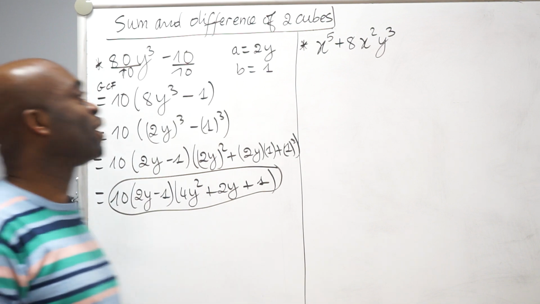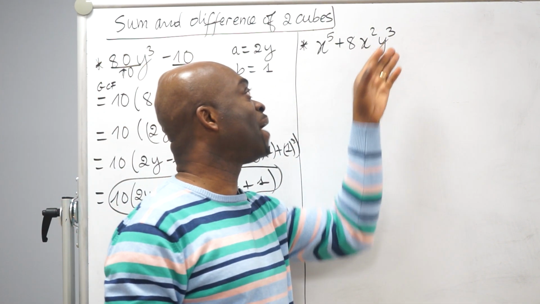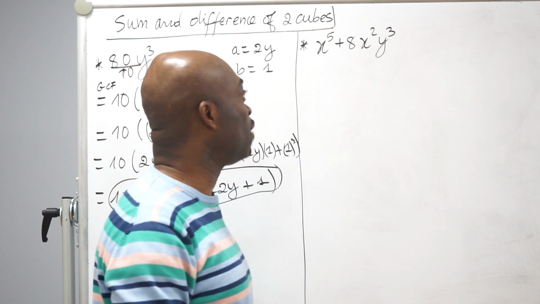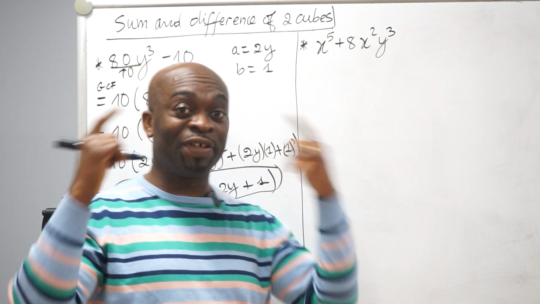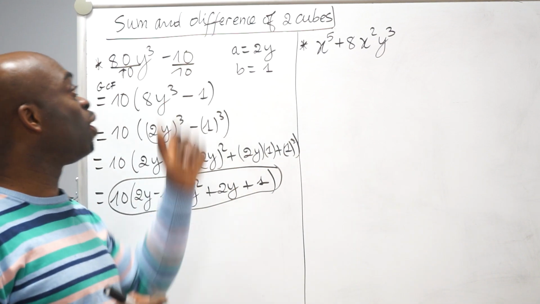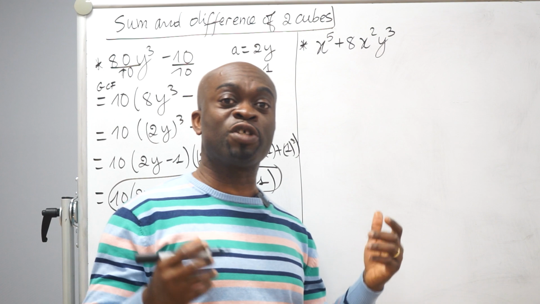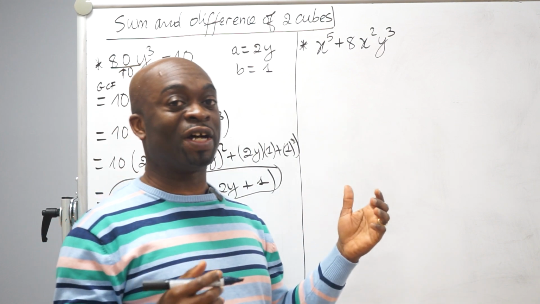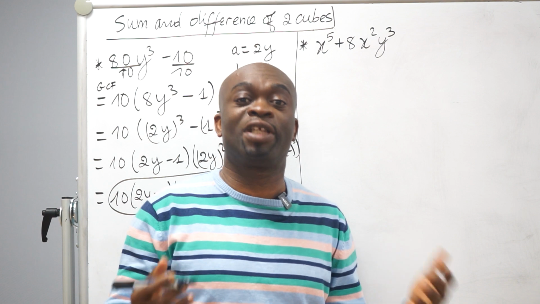Let's go to the second one here. We have x to the fifth power plus 8x to the second power times y to the third power. A lot of times, you won't even think about the sum of two cubes, but in this case, it is. The first question is, can we find the cube root of x to the fifth power evenly? Is that a perfect cube?